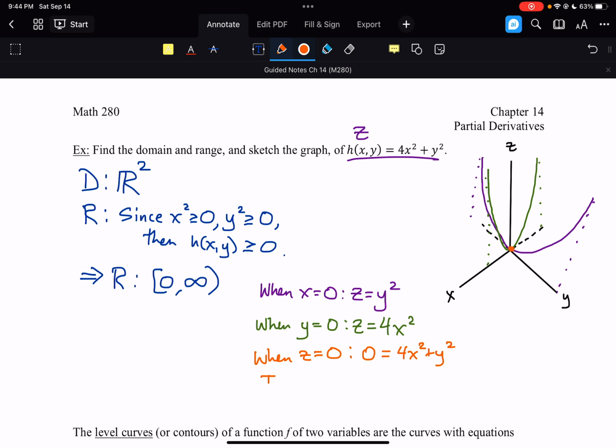So let's look in general. Or actually, no, let's try picking other values. So z equals 1, for example. We get 1 equals 4x squared plus y squared. If we did z equals 2, we get 2 equals 4x squared plus y squared.